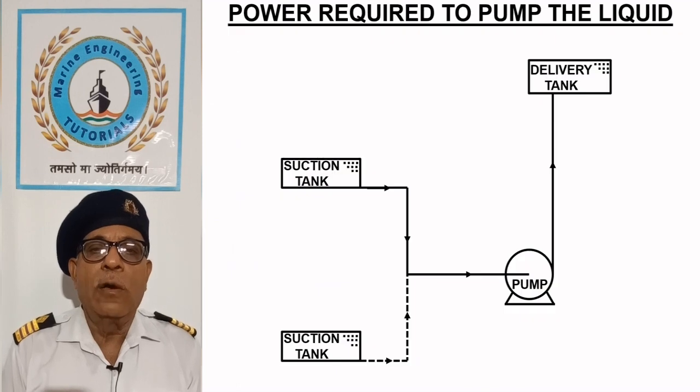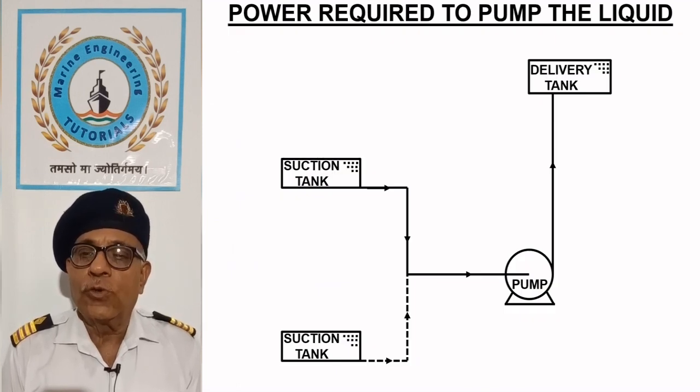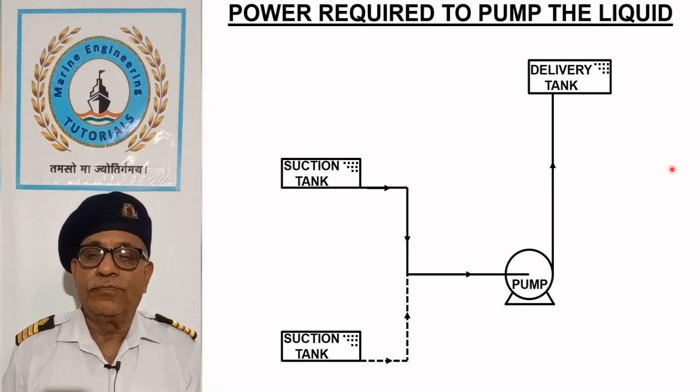Power required to pump the liquid. The sketch shows a pumping system where a pump takes suction from a tank and delivers the liquid to another tank at a height.